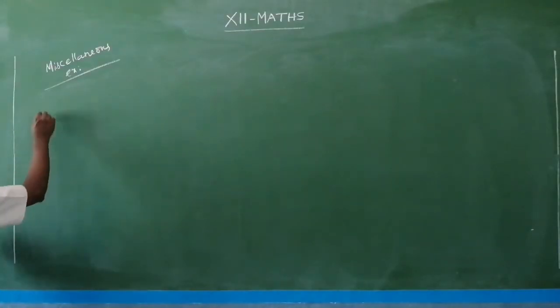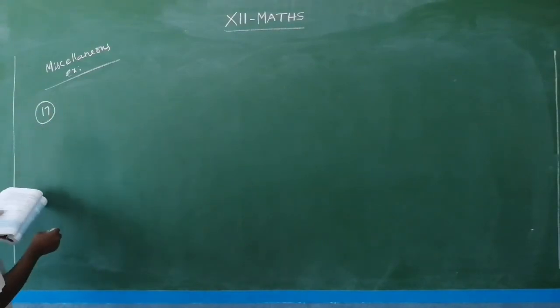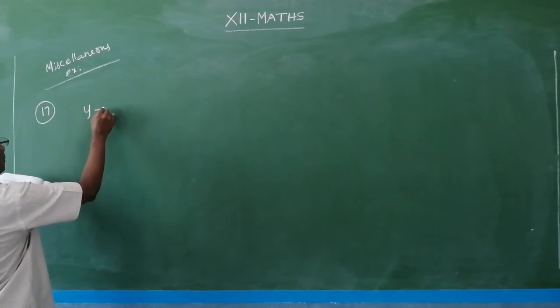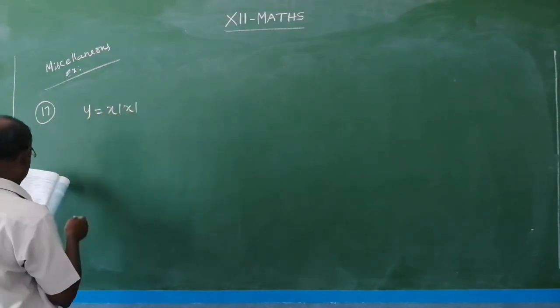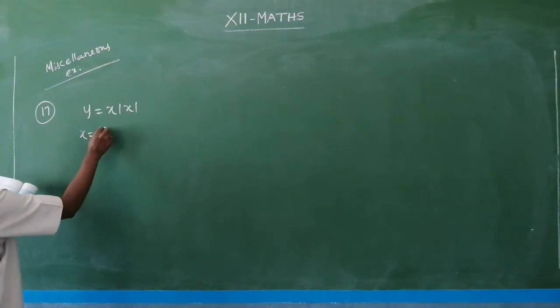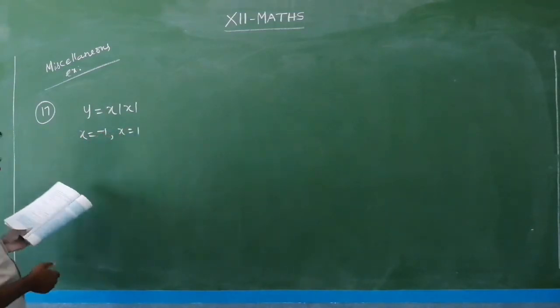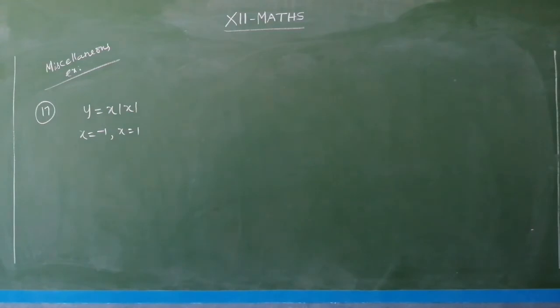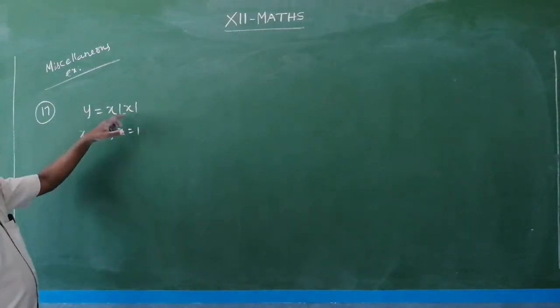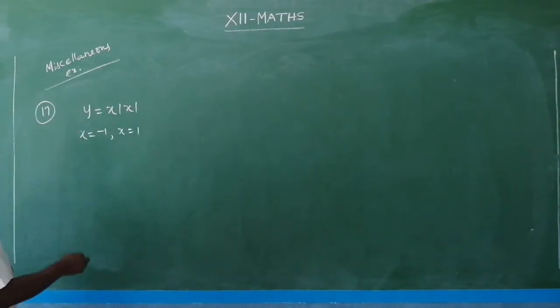Number 17, y equal to x into modulus of x, and the ordinates x equal to minus 1 and x equal to 1. When x equal to 0, y equal to 0. When x is negative, y is negative.